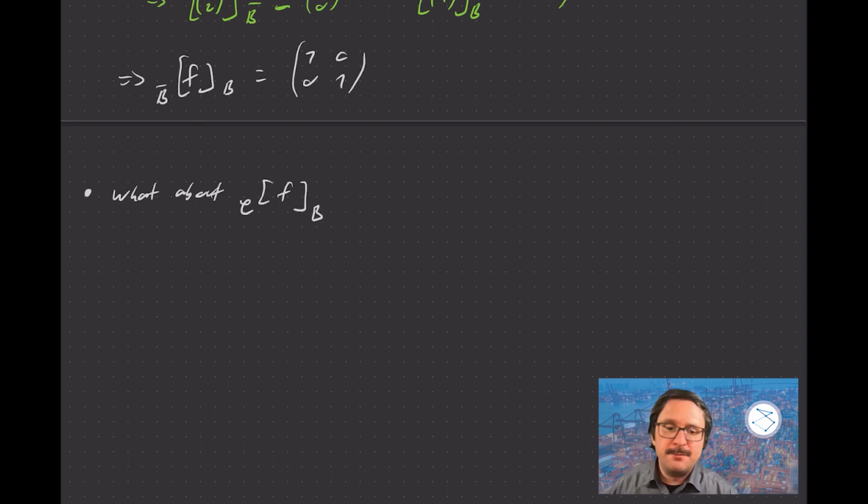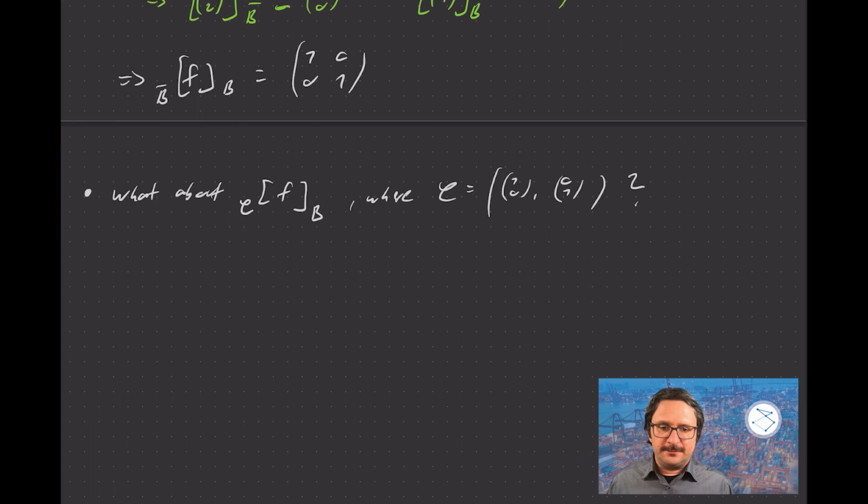I want to keep B in the domain. And again, C, the canonical basis, is U1, that's (1, 0), and U2, that's (0, 1). Or let's rather write it this way to emphasize the order. So how do we get that?